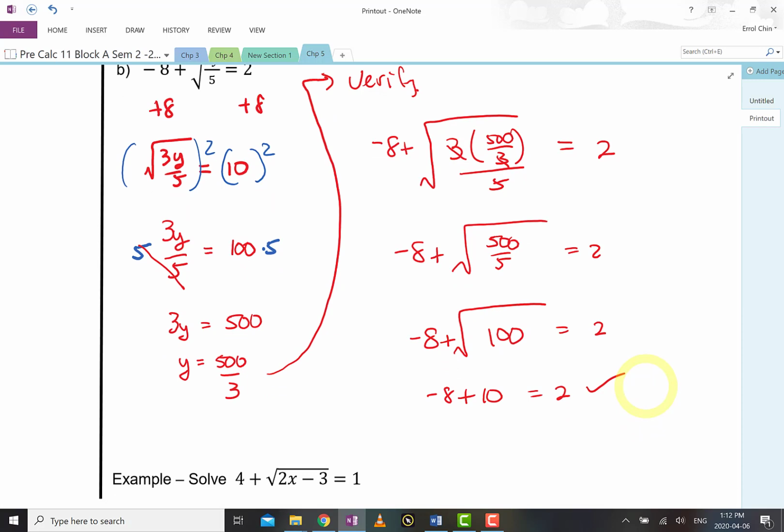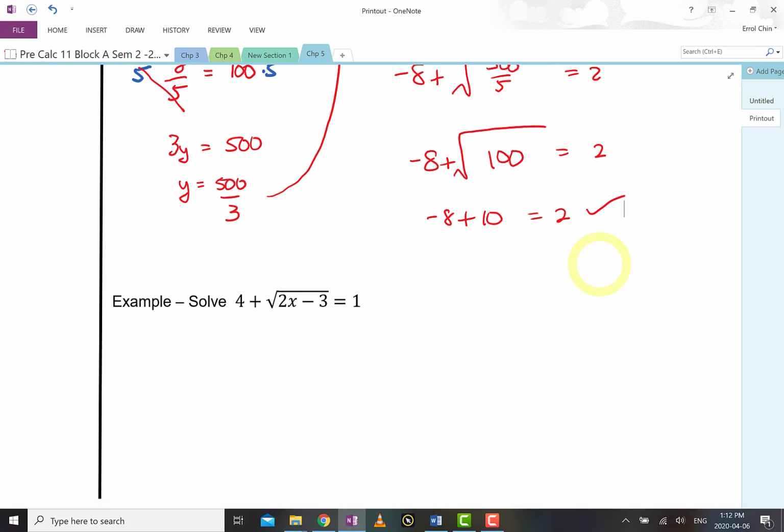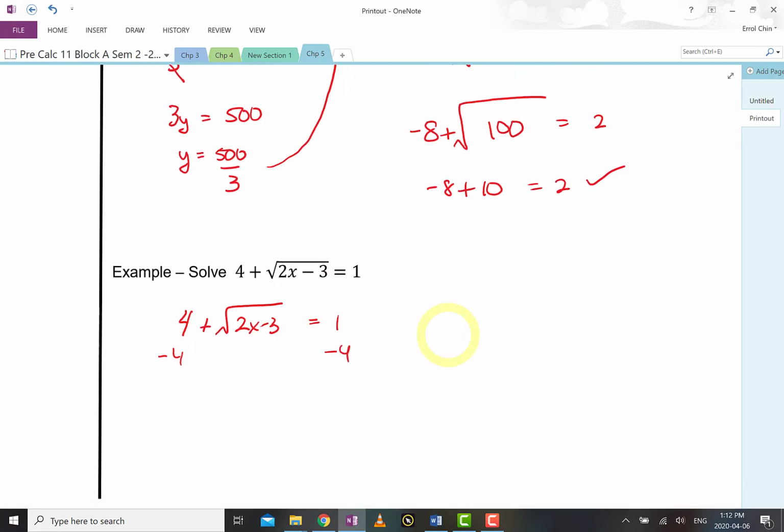So, the next example. 4 plus the square root of 2x minus 3 is equal to 1. So here's the original question. Well, we subtract 4, right? Because the idea is to isolate the square root. And then we have the square root of 2x minus 3 is equal to negative 3.